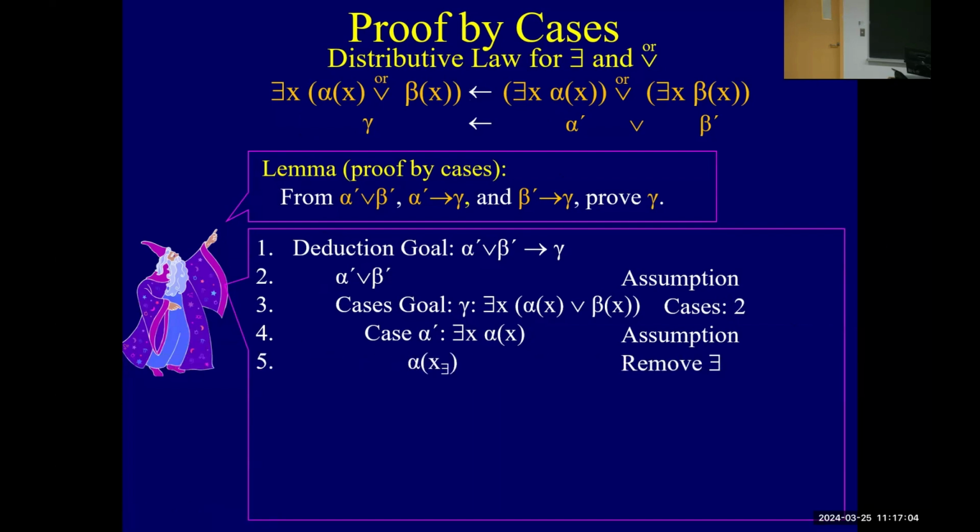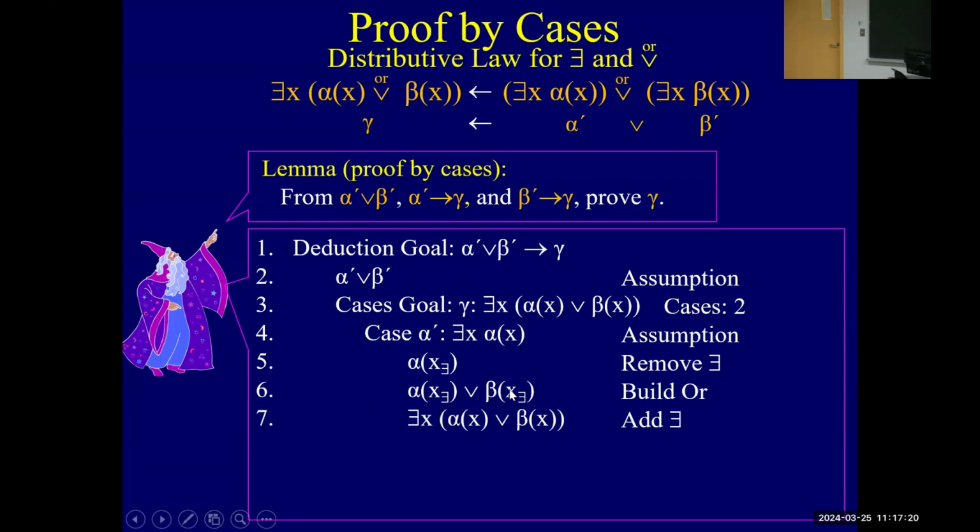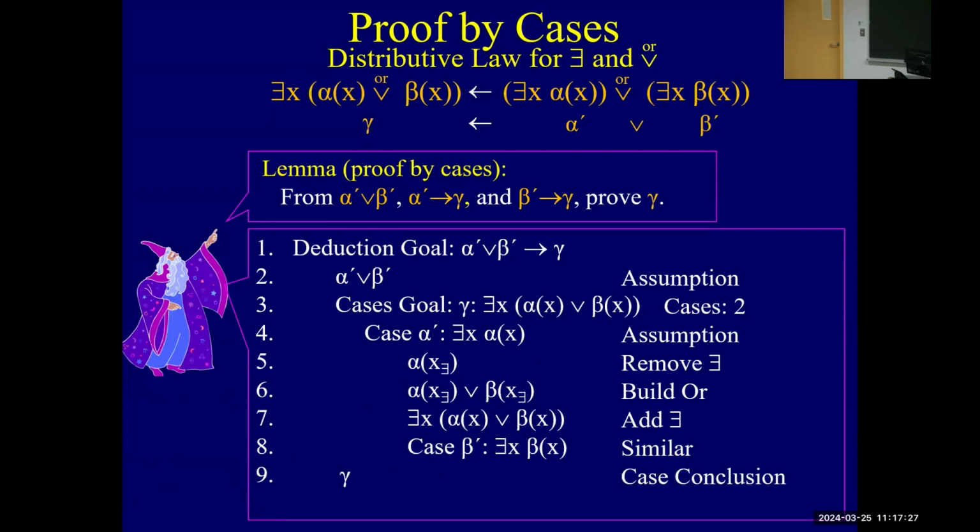If it exists, give me a name of it, let's call it X. And now we can build the or. We know that alpha is true, and hence the or is true. People are thinking, how are we doing that? And then we can put the exists on. And then the second case is the same, and we're done, right? People got that?